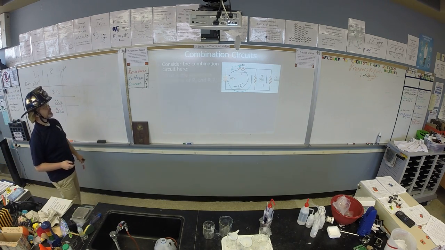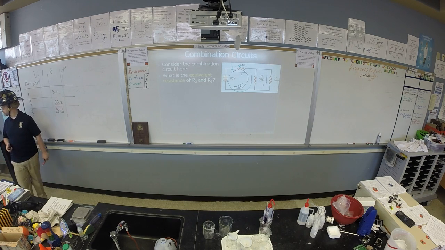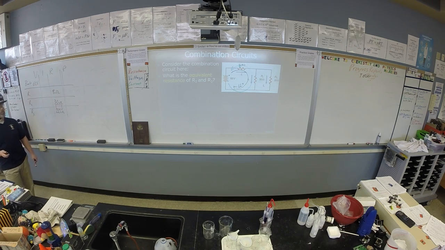So again, we're going to take the equivalent resistance of R2 and R3, and we're going to compress the parallel section into a single virtual resistor that doesn't exist, but makes our math work.